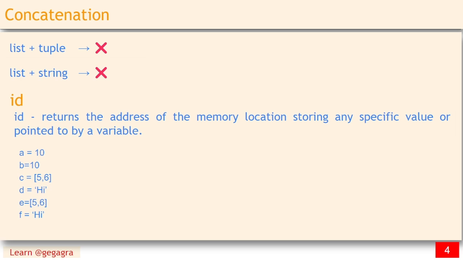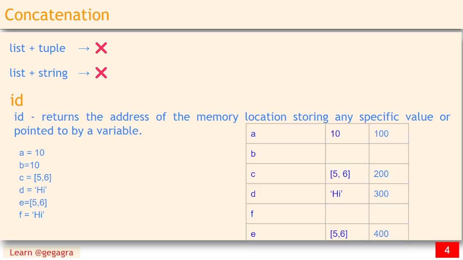So what happens when we store them into memory? Let's see. Suppose we store a representing 10, and b representing 10. So 10 is an integer, and both variables a and b are pointing to the same memory location.